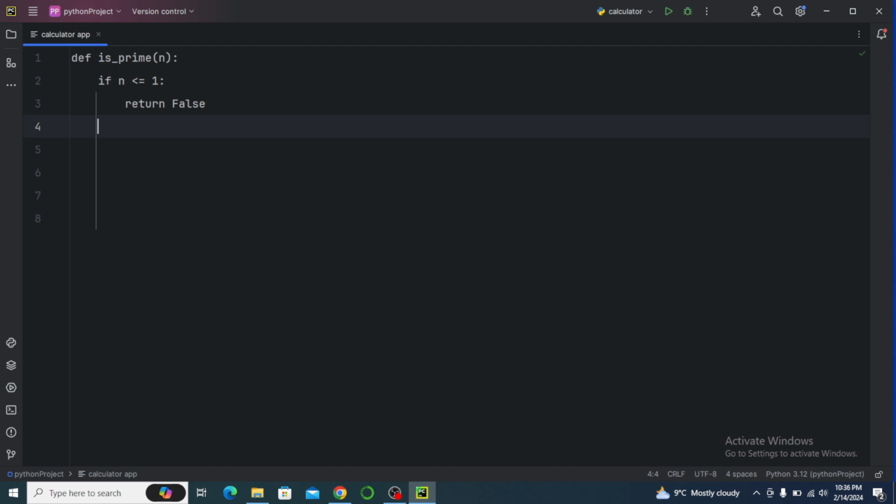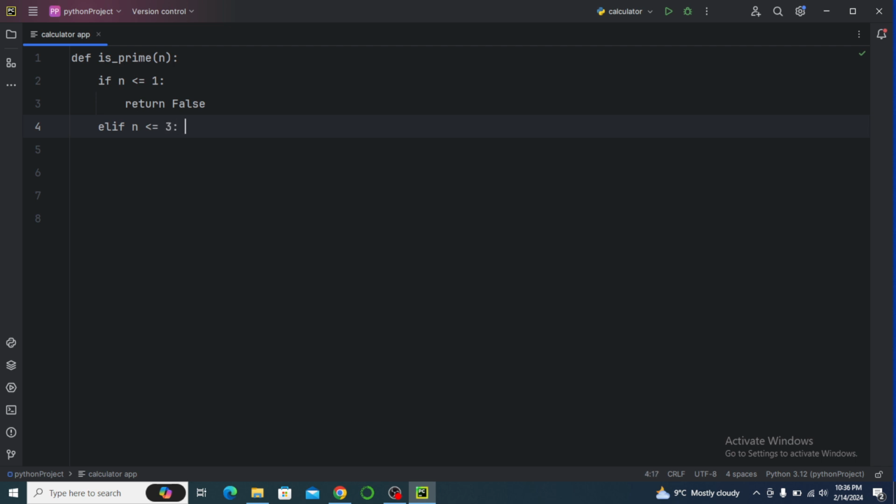So let's go to the second code. We're going to say elif. Now we know that 2 and 3 are prime numbers, and so definitely it's true. So we're going to include it in our set of rules that we are defining. So we're going to say elif n less or equals to 3.